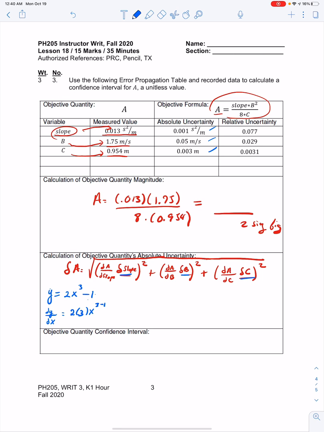And then since 1 is a constant by itself, remember what I said, it goes to 0, and then you have 6 times x to the power of 2. Done. Okay?